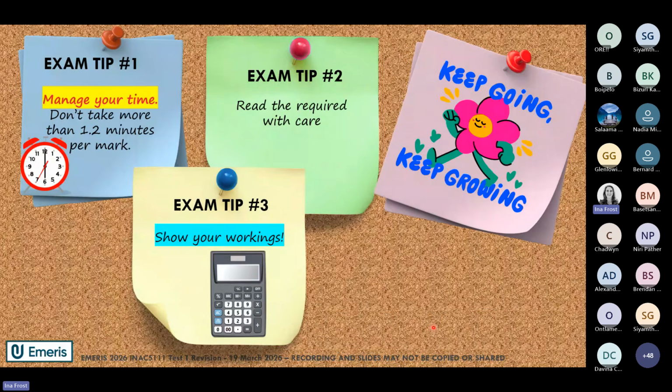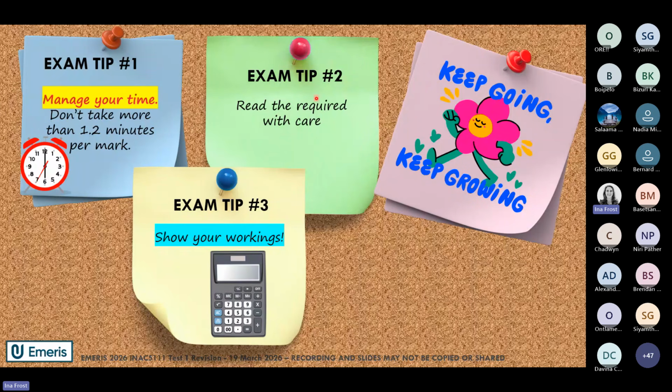And then once you are in that exam venue or in your test venue, the first thing is you're going to make sure you are managing your time and you are not spending too much time on a question. You are going to make sure that you know exactly what it is that is being required from you, because of course that can also be a time waster if you thought you had to do one thing and then later realize, oh, hang on, I had to do something else.